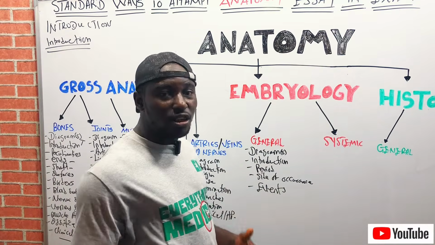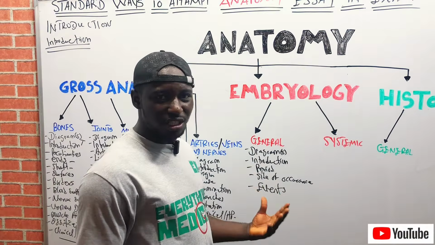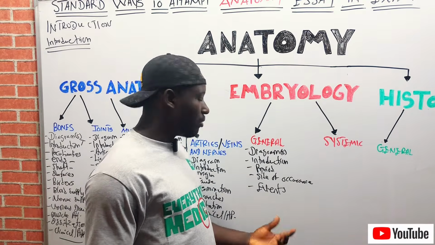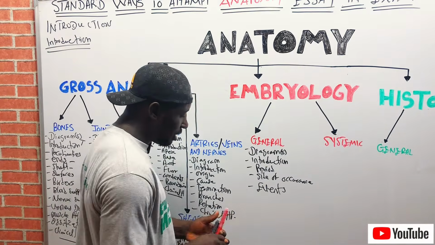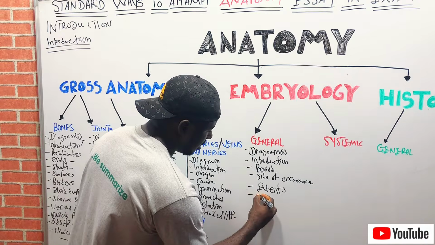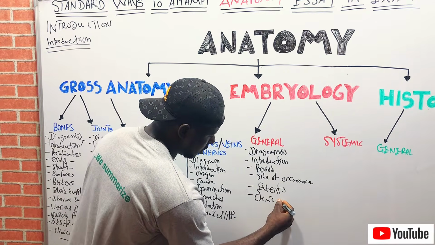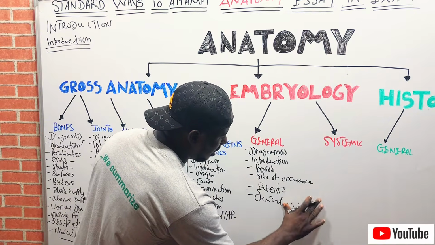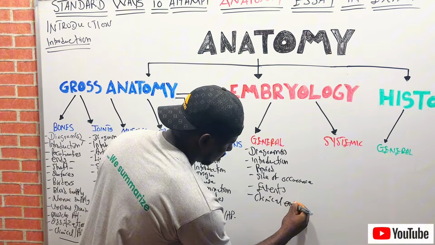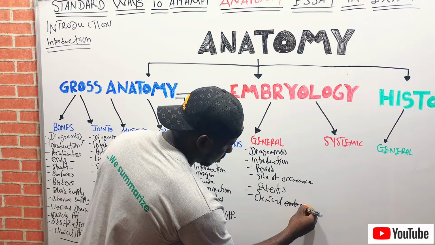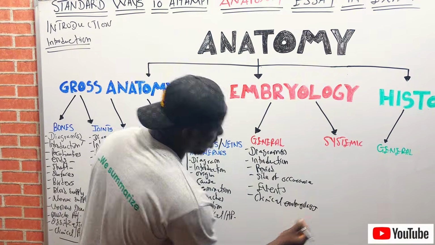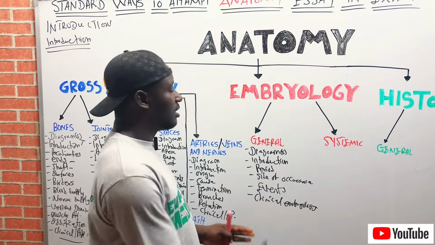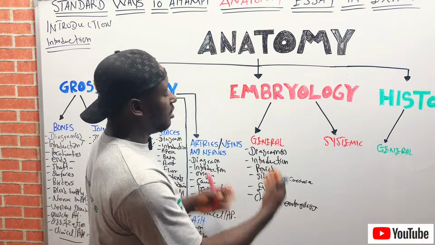Even spermatogenesis, all of them are under general embryology. You should add it here, right? After which, what follows next is clinical embryology. Clinical embryology, right? So this is how it goes in general embryology.